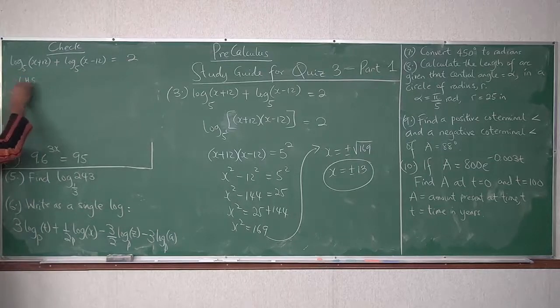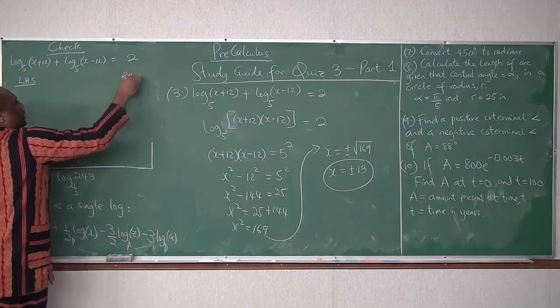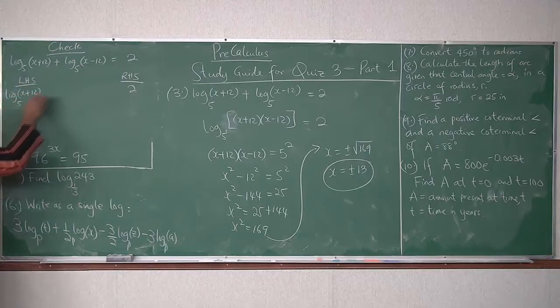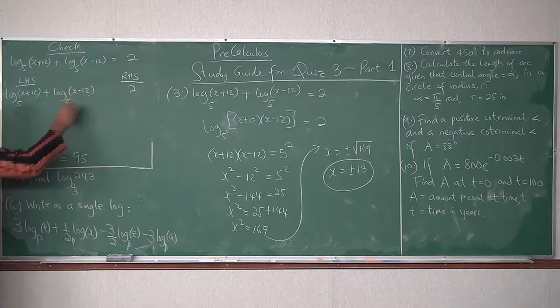The right hand side is 2, and the left hand side is log x plus 12 base 5 plus log x minus 12 base 5.